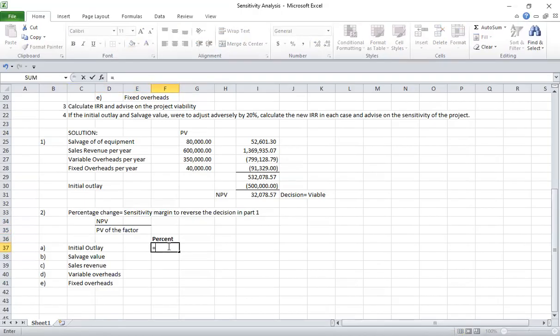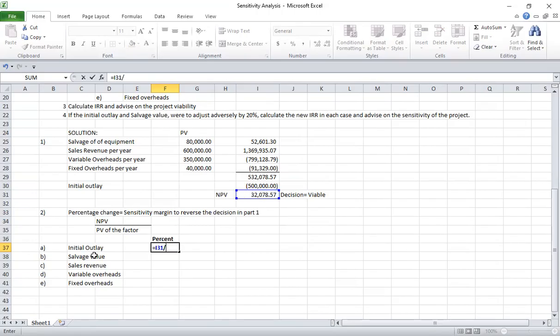In the case of the initial outlay, we shall say that this equals what? You have to remember that our NPV is this figure. So I take that, I divide it by the present value for this factor.